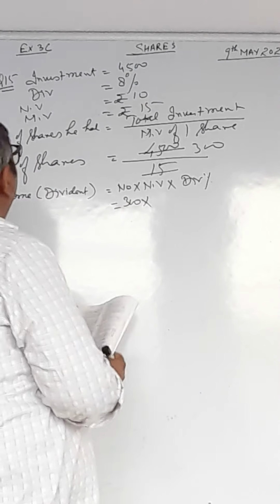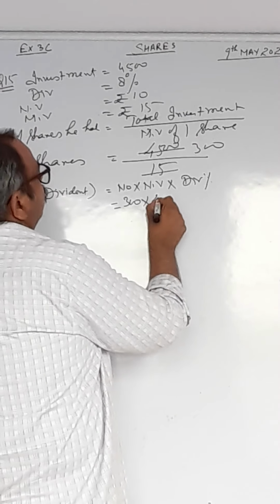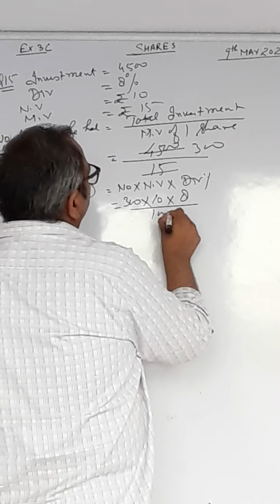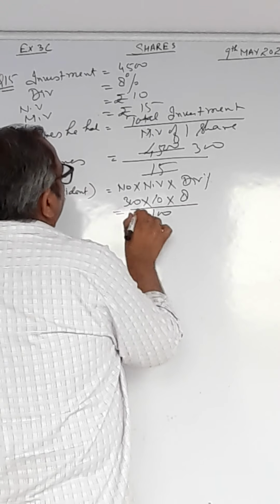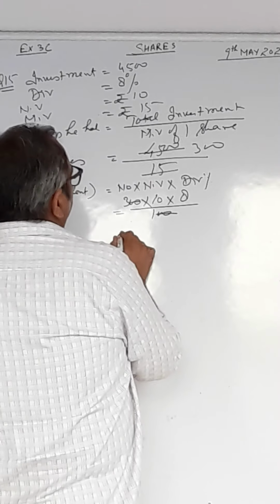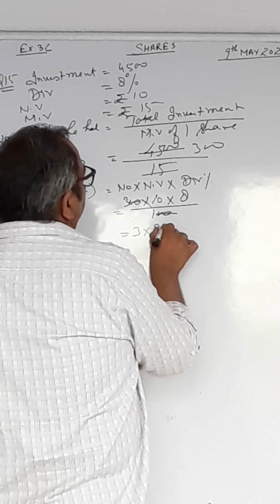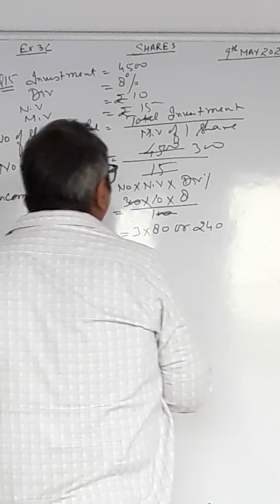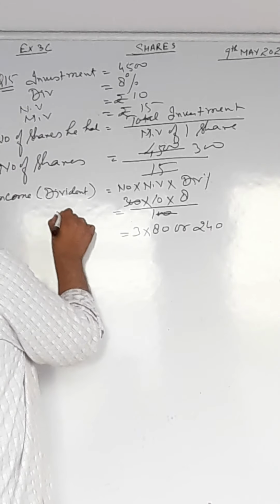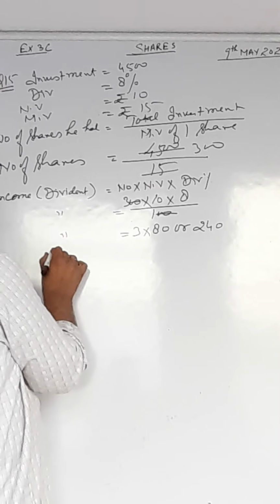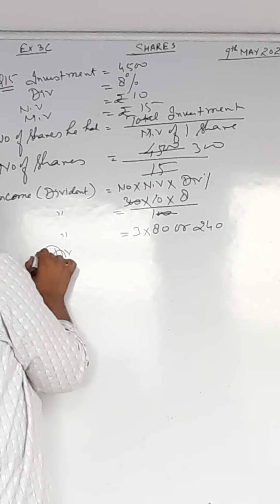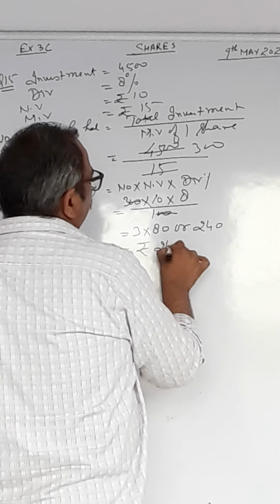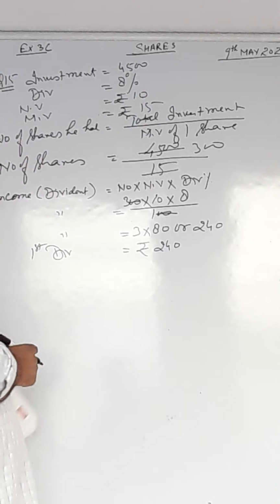Nominal value rupees 10. Dividend percent 8 over 100. Zeros cancel. 3 into 80, or 24, so 240 rupees. First dividend is rupees 240.